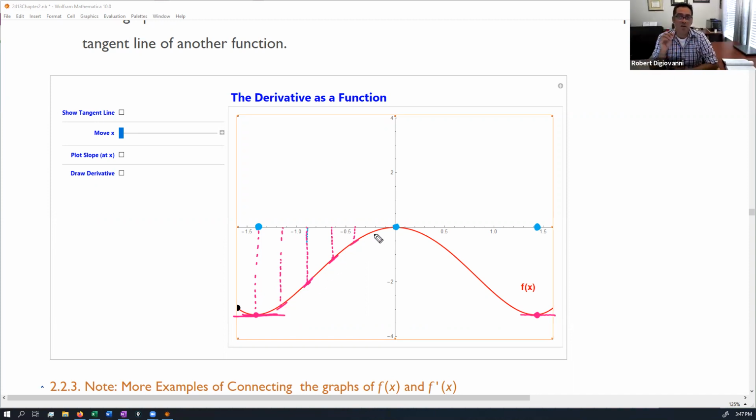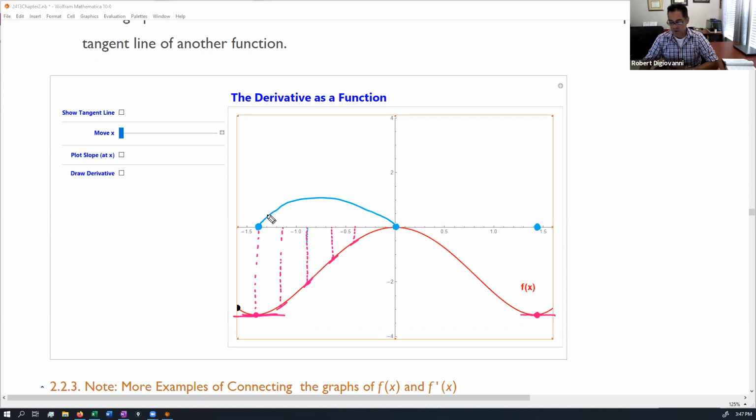That means the derivative has to be positive. In between these two values, here and here, the derivative has to be positive. So if I were to graph the derivative, Cruz, it would just have to be something that looks like that. See how every point on the blue is positive? It's above the x-axis.